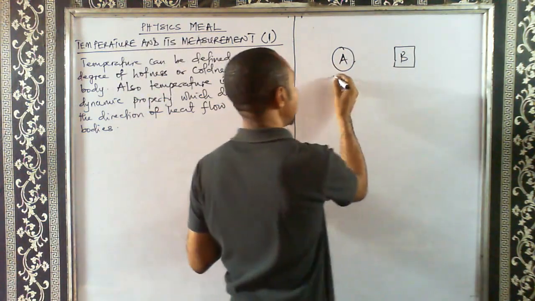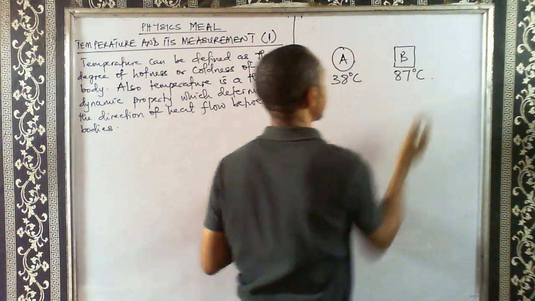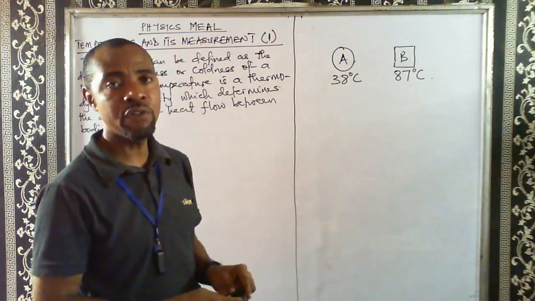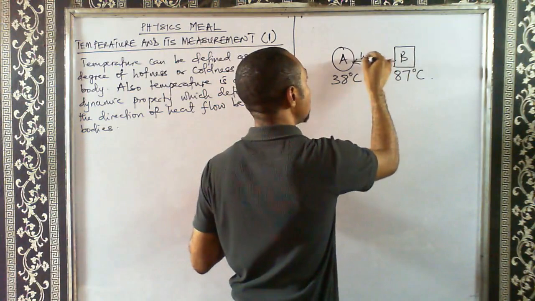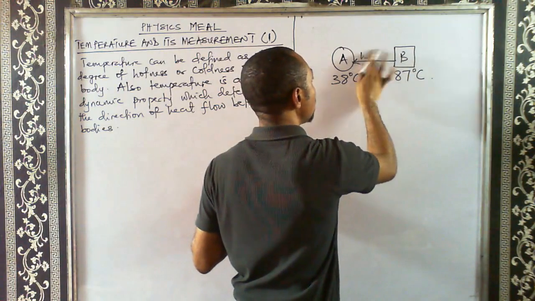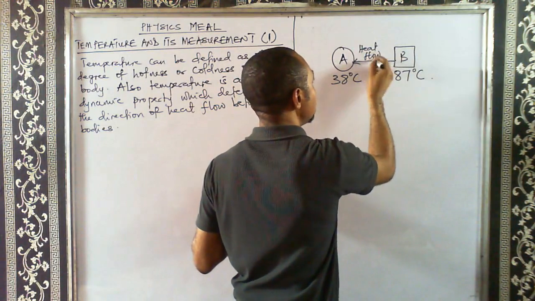So if I write down 38 as I've done before, and I say that here is at 87 degrees. Now, what will be the direction of heat flow? The direction of heat flow will be from B to A. This arrow is showing heat flow.